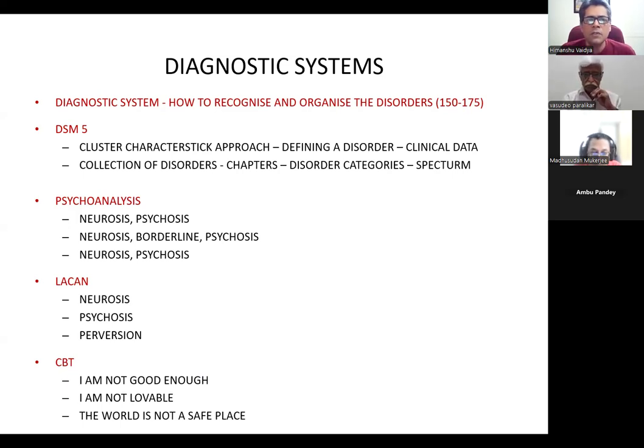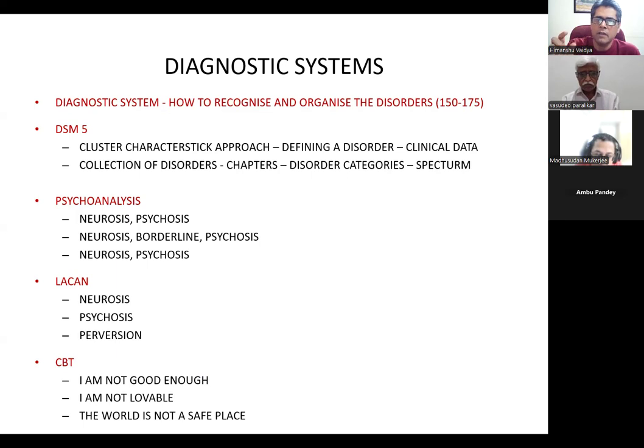What DSM follows is cluster characteristic approach, where a cluster of characteristics and a defining number of how many criteria are met, they are used to define a disorder and qualify for a disorder. So there is a name given to a disorder, and there is a qualifying set of criteria to be met for anybody to be diagnosed for the disorder.